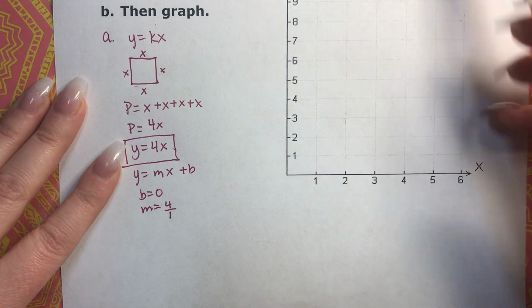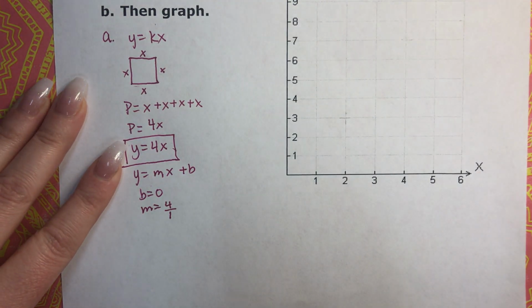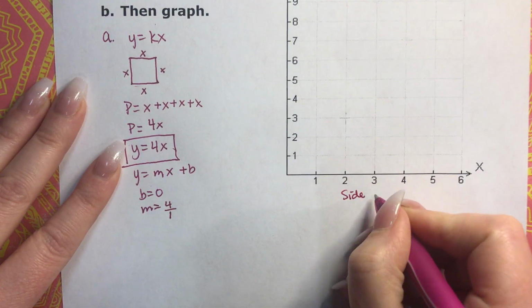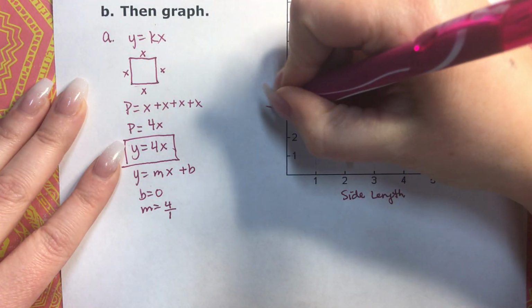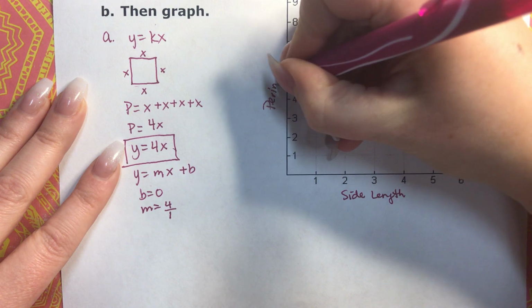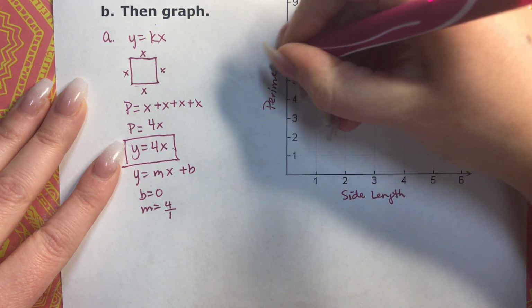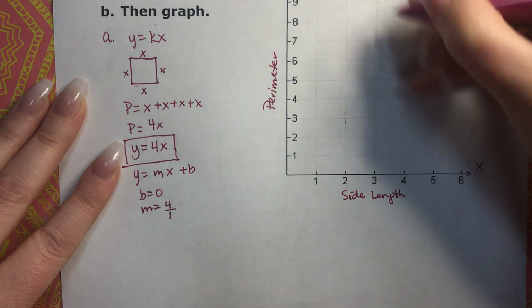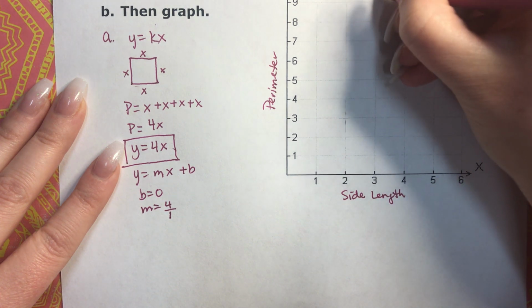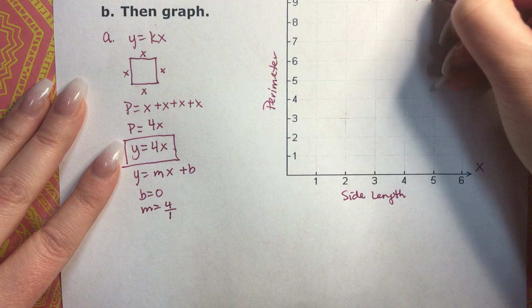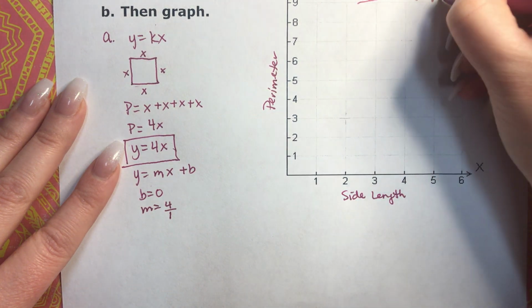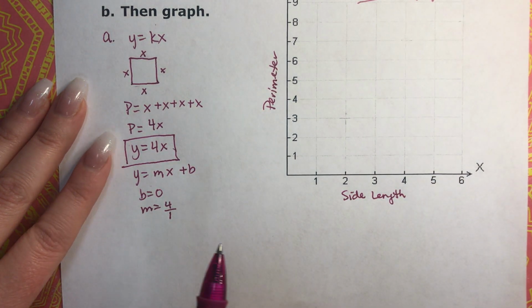The x is referring to the side length, and then the y is the perimeter. This is just talking about the perimeter of a square. Okay, perfect. Let's go ahead and graph this now.